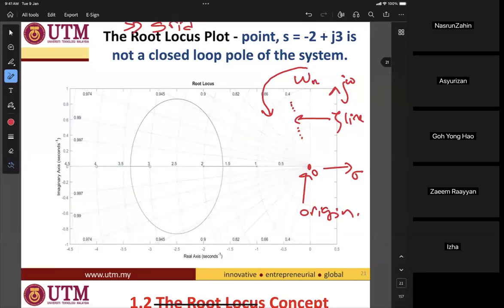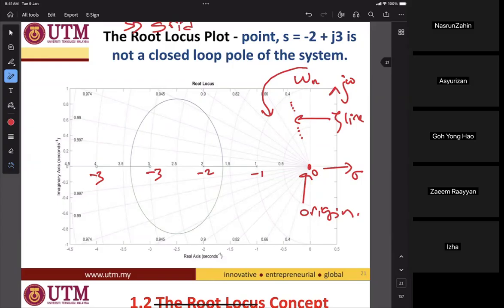Okay, so this is the open loop zeros, -3 and -4, and the open loop poles, -2 and -1. So the root locus starts from the poles and ends at the zeros.